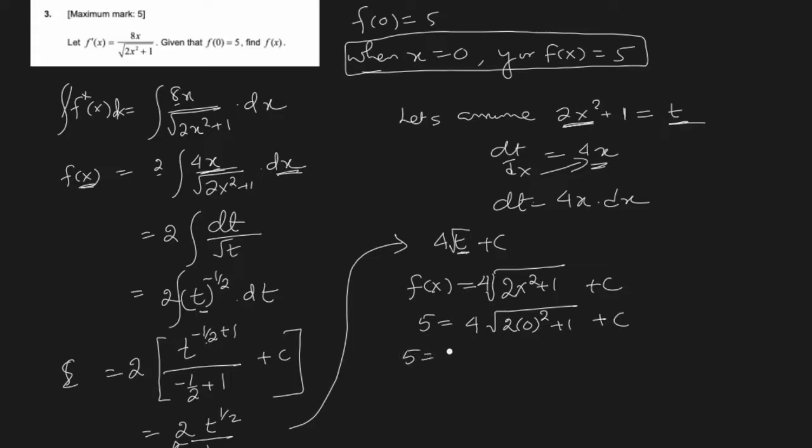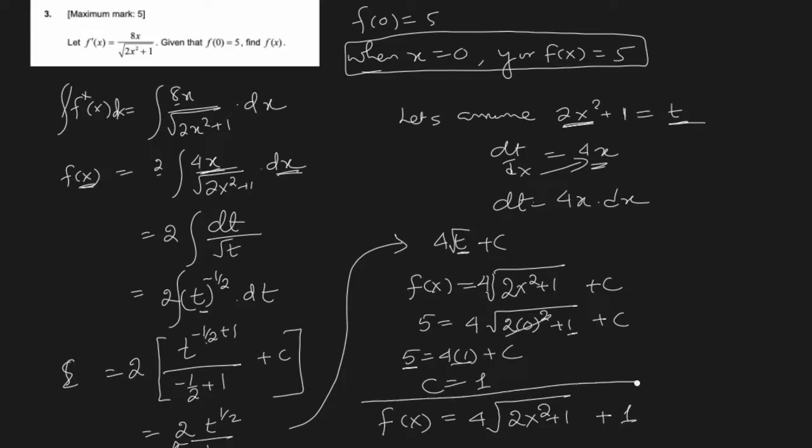So 5 equals 4, this is 0, the square root of 1 will be 1, so 4 times 1 plus c. So c comes out to be 5 minus this 4, which is 1. So your final equation will be f(x) equal to 4 square root 2x squared plus 1, which was already with us, plus c, which is 1. This is the final answer.